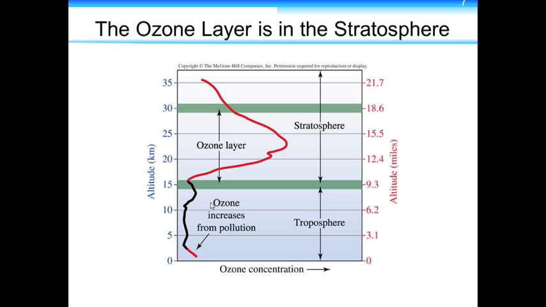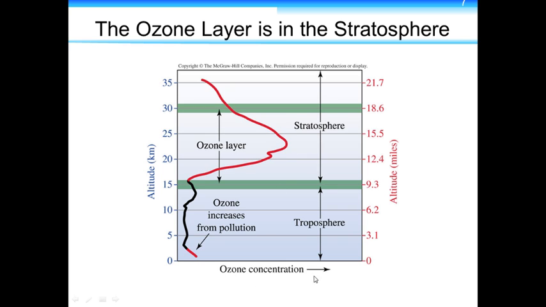Now, if we were to fly from the troposphere into the stratosphere, we would not look down and see a band of ozone. It's not visible with the human eye, first of all, but also it's not such a specific banding. It's more of the most concentrated region of ozone in the atmosphere.